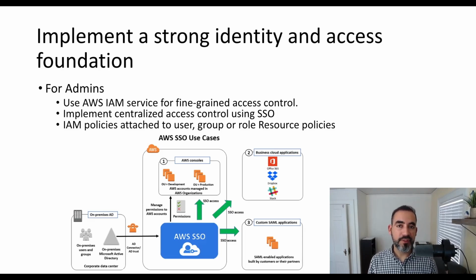So in this scenario, let's suppose the users are using Active Directory as depicted in this diagram, we don't need to create separate identities for them in IAM. We can just integrate Active Directory with AWS. That is going to get done via AWS SSO. And then AWS SSO is going to be using the Active Directory as the identity provider.